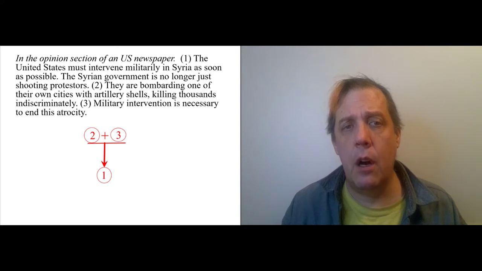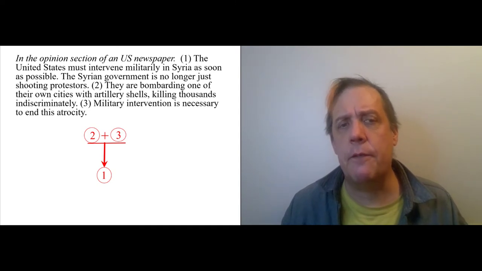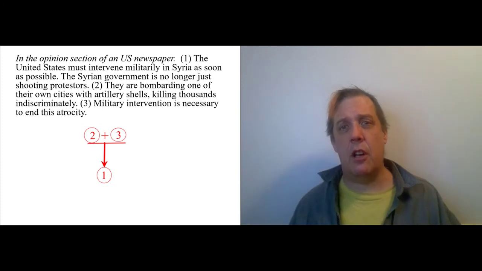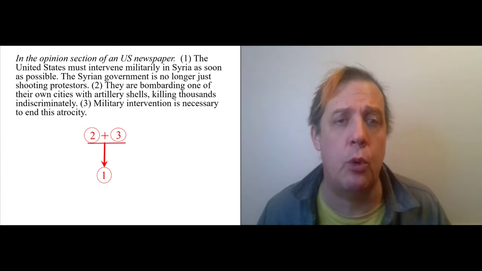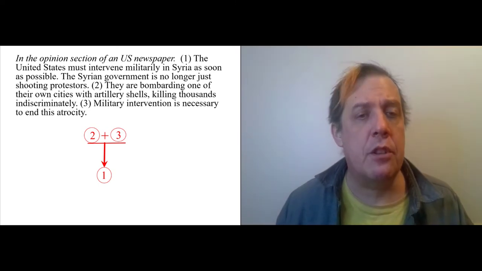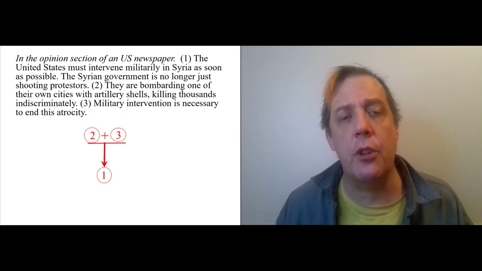If the Syrian government had been bombing one of its cities, and yet military intervention wouldn't be necessary to stop it, maybe diplomatic intervention would work, then statement 2 on its own would not show the conclusion.